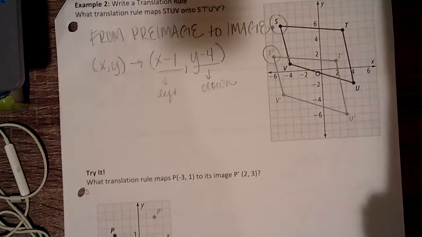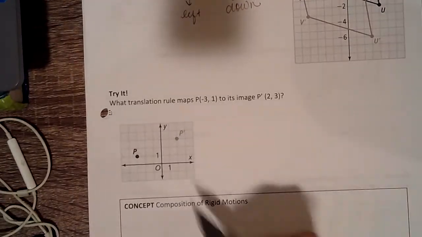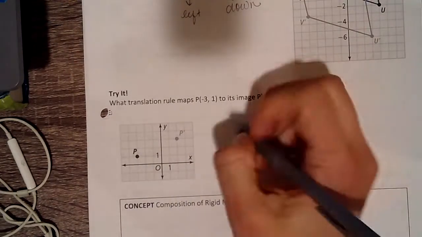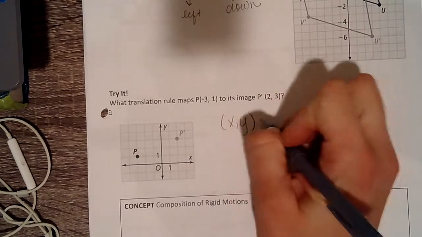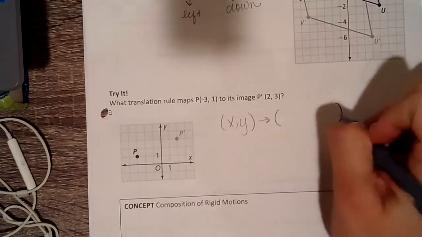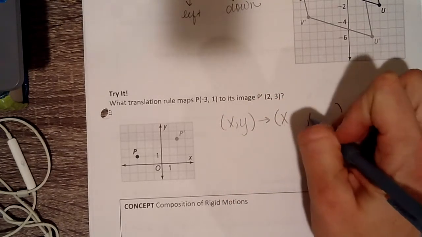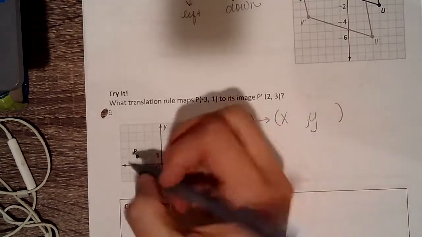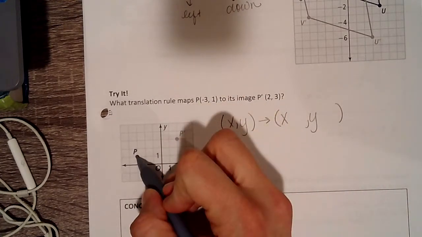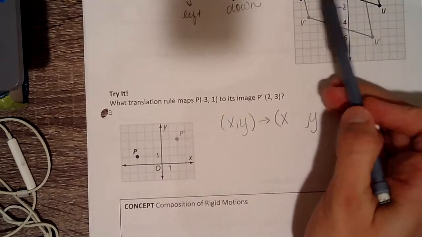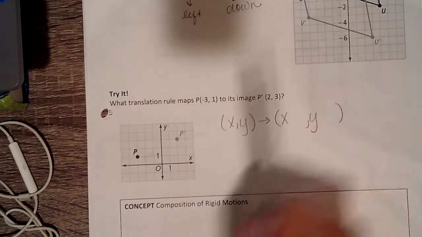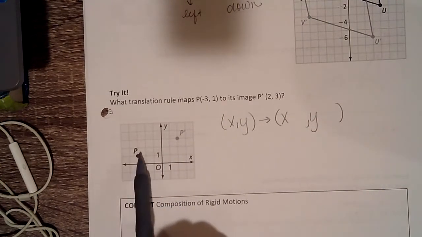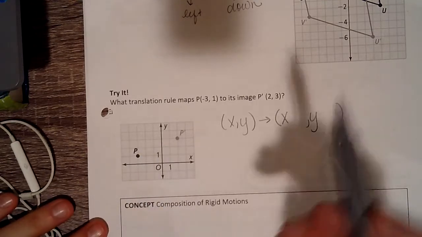So here, they want us to write the rule to get from P to P prime. So we have an XY. We're going to do something to the X, something to the Y. So do I go here to here? No. Even though I went right to left here, I'm not going to go right to left here because I have to follow P to P prime.